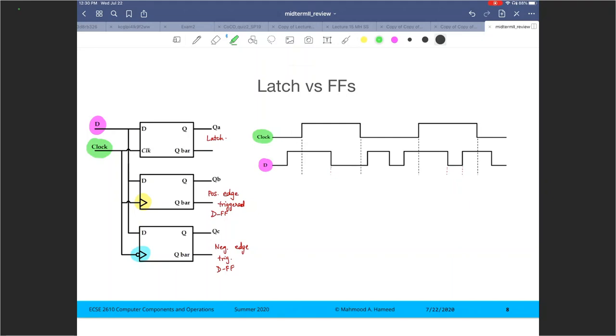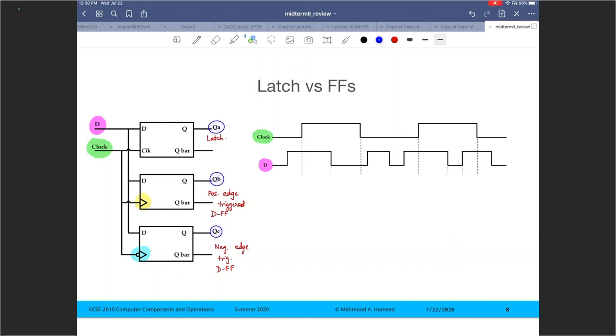So D is given, clock is given, one of them is a latch, the other one is a positive edge triggered D flip-flop, and the third one is a negative edge triggered D flip-flop. Now let's suppose that our question is to sketch the timing waveform for QA, QB, and QC. So I want to sketch the timing waveform for the three outputs.